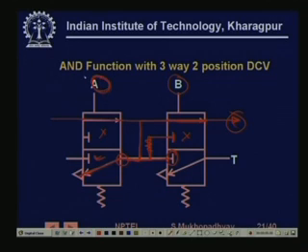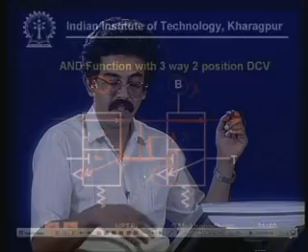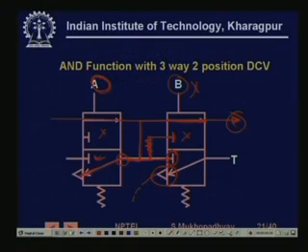Similarly, if this is taken off, then what will happen is that the system will directly be connected to the exhaust. This is the exhaust. So if any one of these inputs are taken off, then the system is going to be connected to the exhaust. Even if both are taken off, it is still connected to exhaust. So it's AND logic.